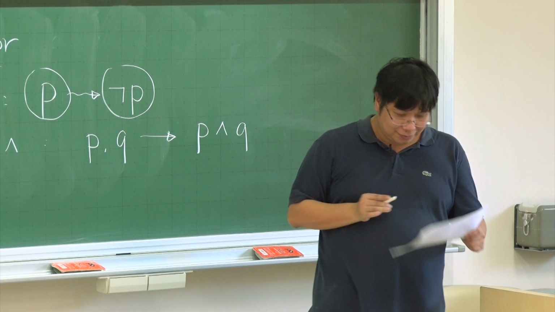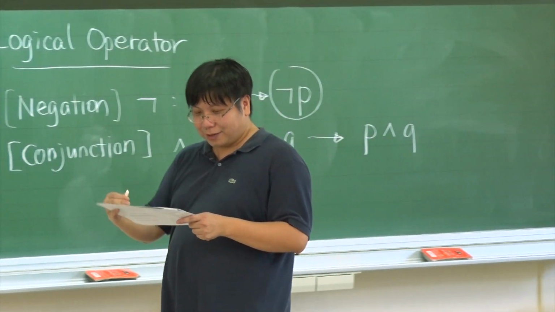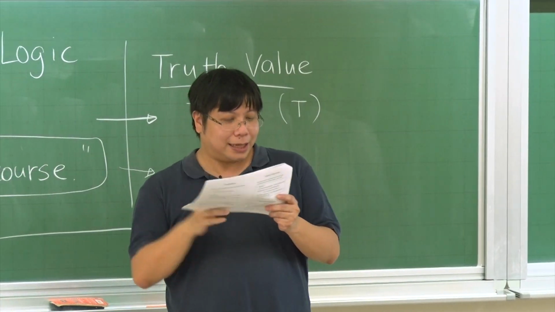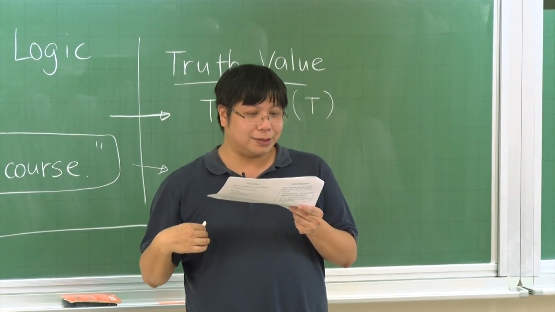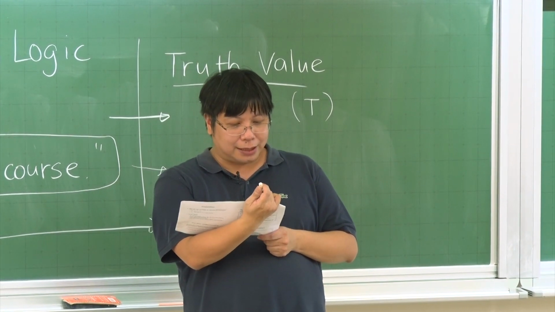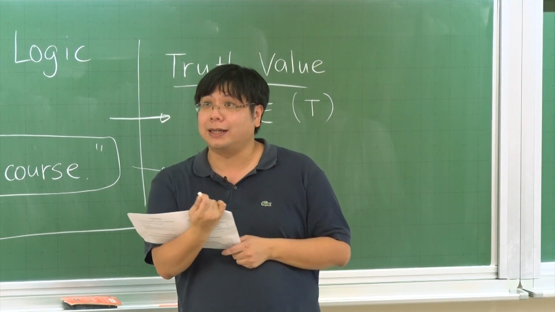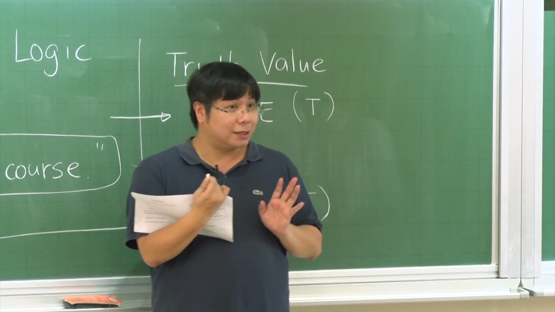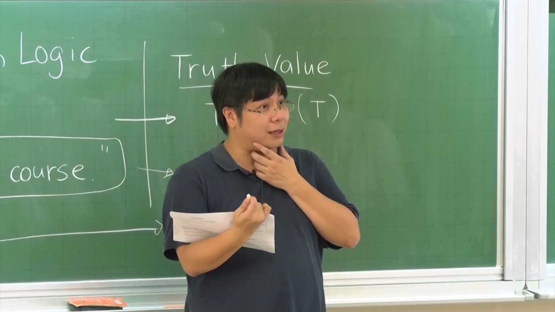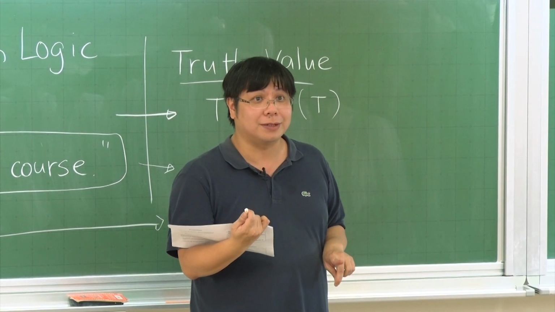Is that okay? Okay. So test your understanding again. For instance, let's say there are two propositions. One is Kai is the lecturer of this course. The other one is this course is held on Monday and Friday. And of course, by this time, you know the truth value of these two. The first one, Kai is the lecturer of this course. Is it true or is it false?